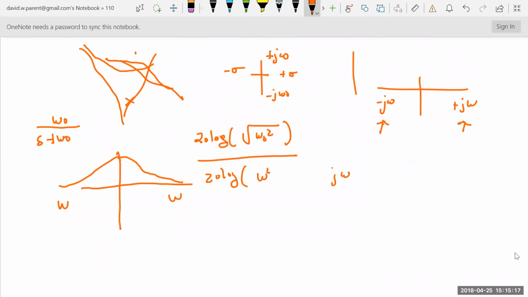You get rid of the j, right? Plus omega naught squared, square root. Here's the frequency. And it doesn't say anything that it's got to be positive. Now, when you do the Bode plot and take log omega, you can't be at 0 anymore, right? And so you get close to it, but you just can't be at 0, all right?